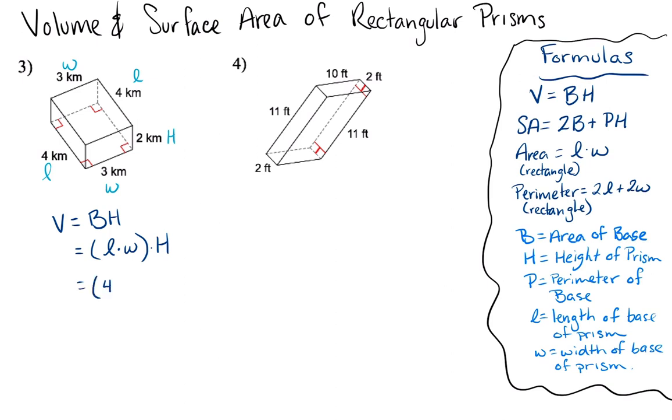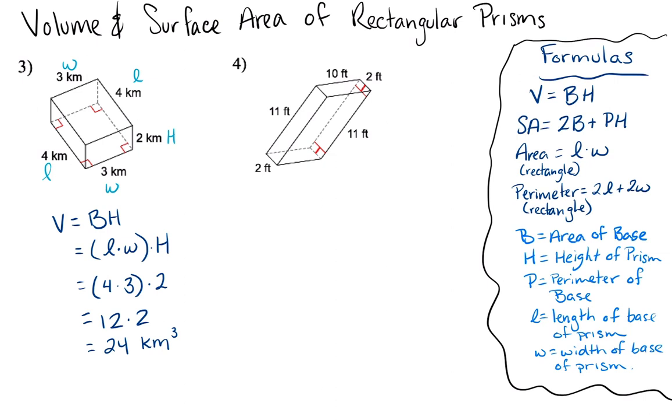We get 4 times 3 for the area of the base, and then the height representing 2. So 4 times 3 is going to be 12 times 2, which together makes 24 kilometers cubed. Okay, make sure you're using cubed units when you're calculating volume.